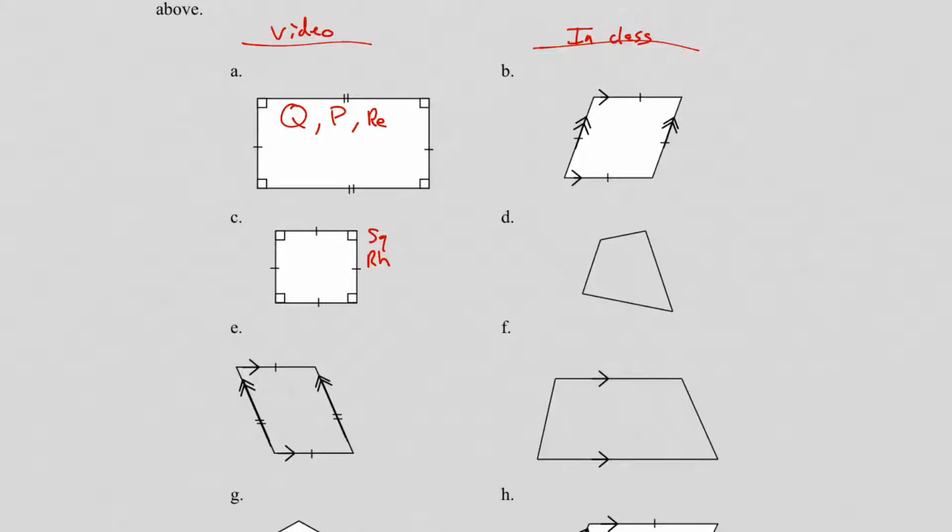But the normal rhombus is tilted and the angles are all different. Or they have two pairs of angles that are different. So this also meets the condition of a parallelogram and a quadrilateral because it has 4 sides.